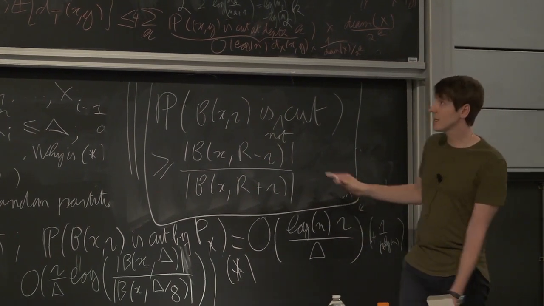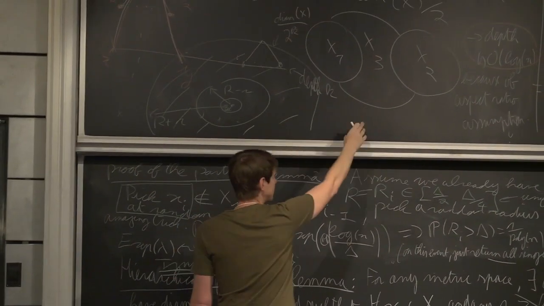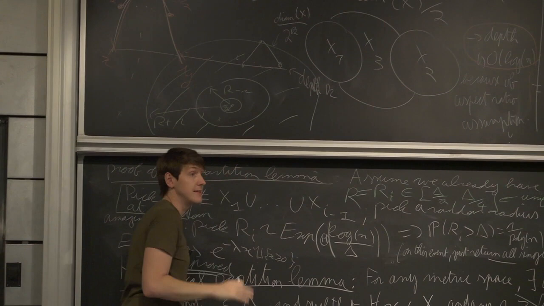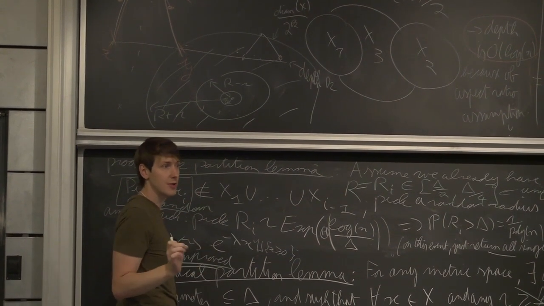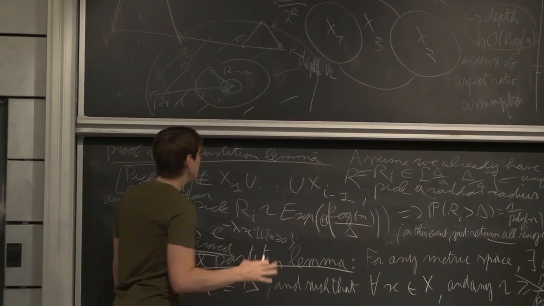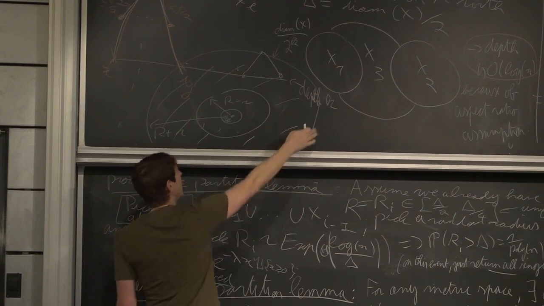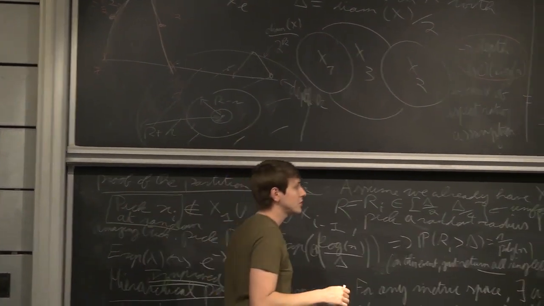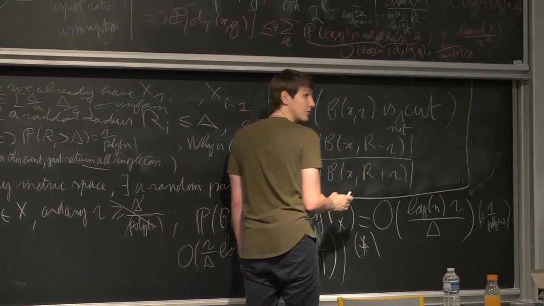Why is that? It's again this reasoning that I told you before. When you pick points outside of this ball, they cannot threaten my little B(x, r). They just cannot cut it. So the only points that are going to decide the fate of this ball, whether it's cut or not, are those in that ball. So I can condition on only looking at what happens when I select one of those points.